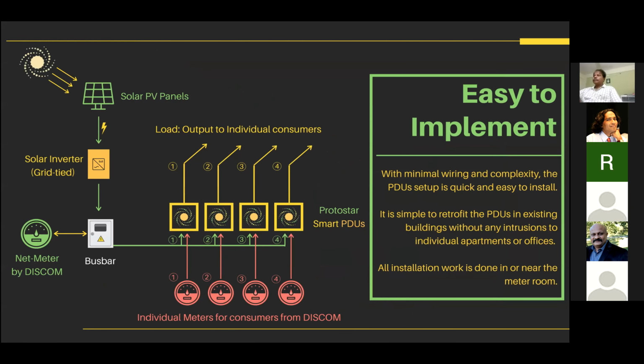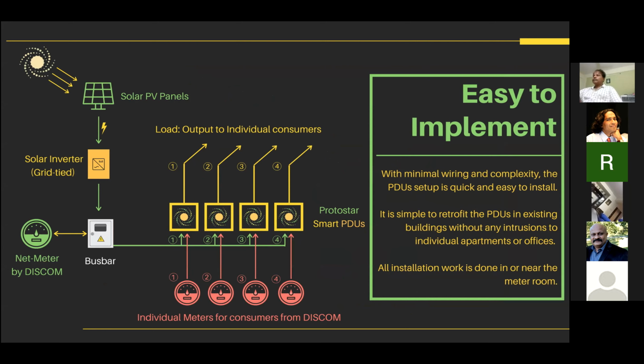So this is the wiring. It's called the single line diagram. This is how it's going to be installed. It's just an overview, a simplified version. We have the panels generating power, which goes to the solar inverter, and from the solar inverter it comes down to the bus bar. The bus bar is essentially a distributing panel. From there we tap the connections and give them to each one of the devices, which are called SPDUs.